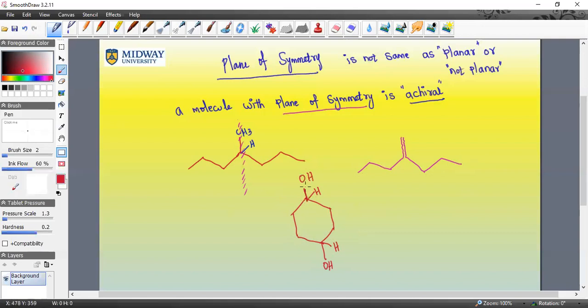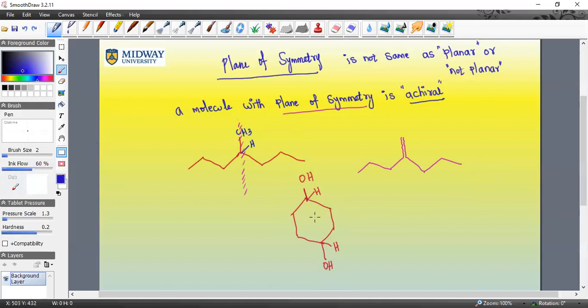No, when it is cyclic, if you can chop the molecule into two exact halves, if I run my blade right through the middle of this carbon into this carbon and run it straight through, what is happening? There's no problem saying that there's OH and OH and a hydrogen.